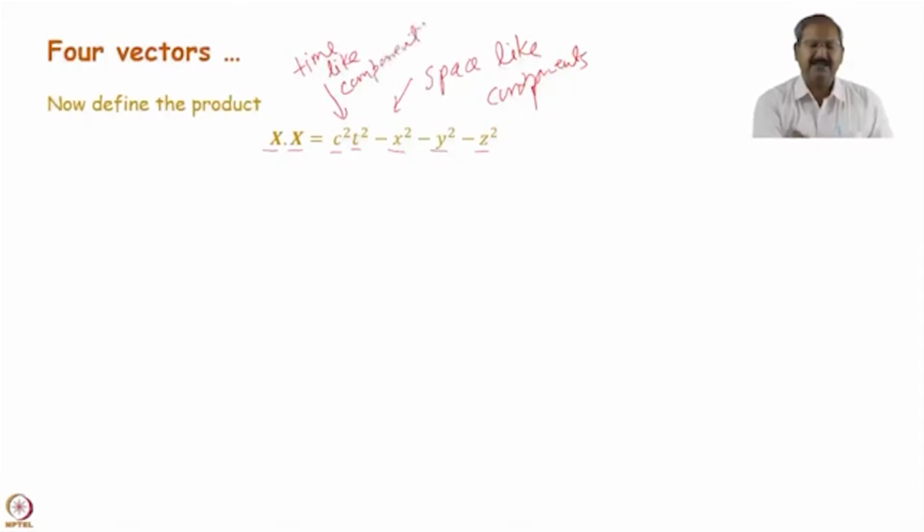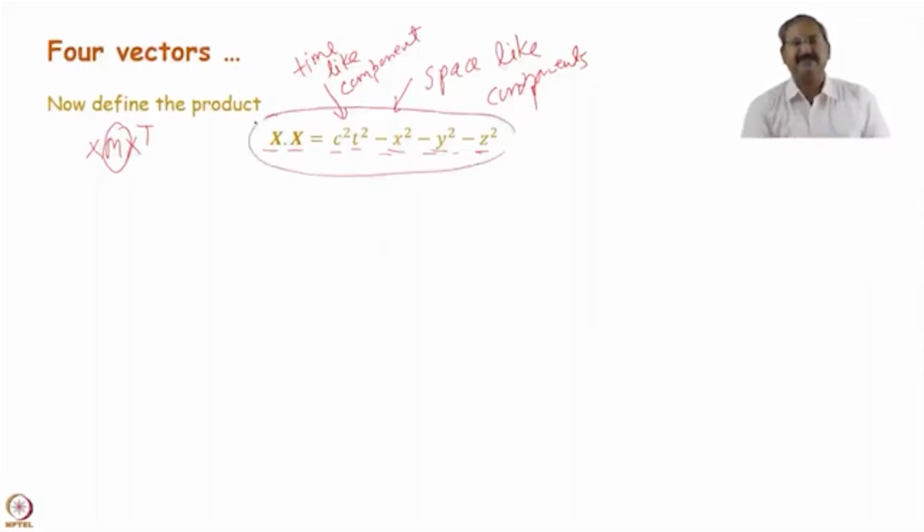We can write down x, M, x, where M is the Minkowski matrix by which we get the minus sign here. So in this way, the inner product of the four vector is defined.